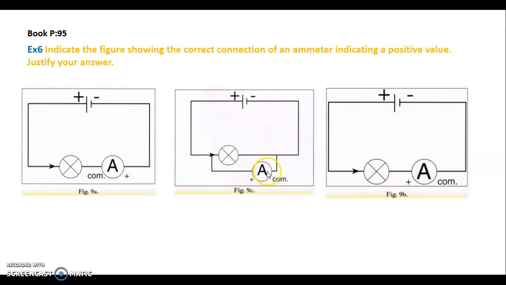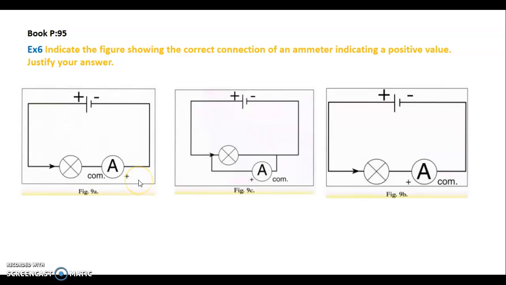We have both terminals of the ammeter connected to both terminals of the lamp. So the COM is connected directly to this terminal, which is the negative terminal of the lamp, and the positive terminal of the ammeter, which is the A terminal, is connected to the positive terminal of the lamp. So this one is eliminated.